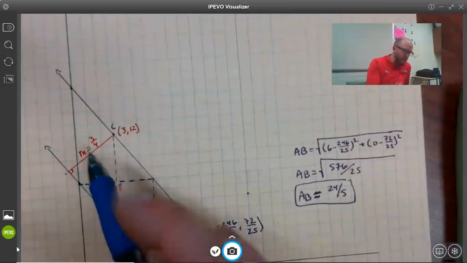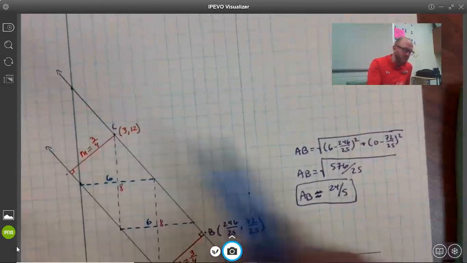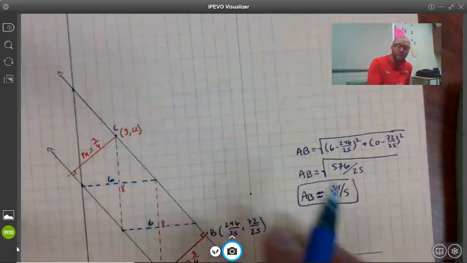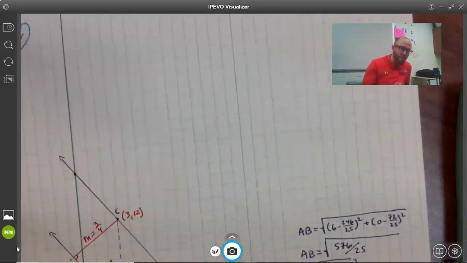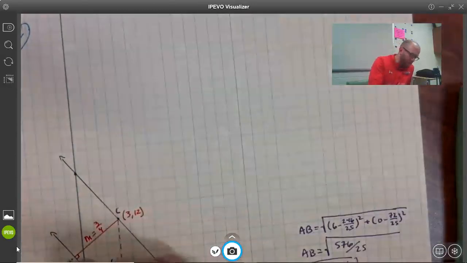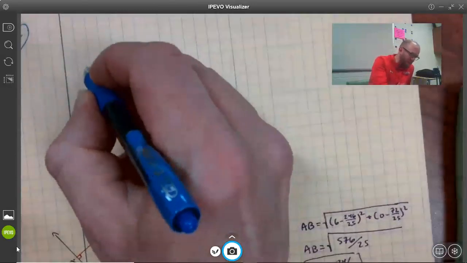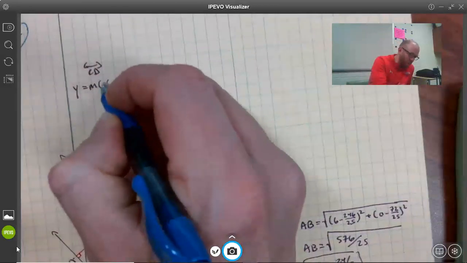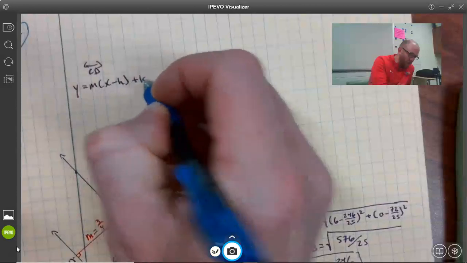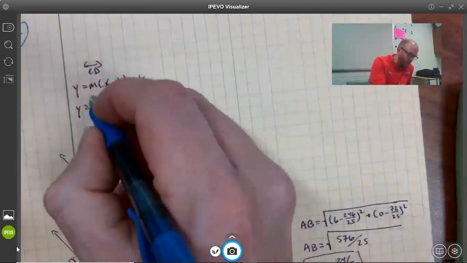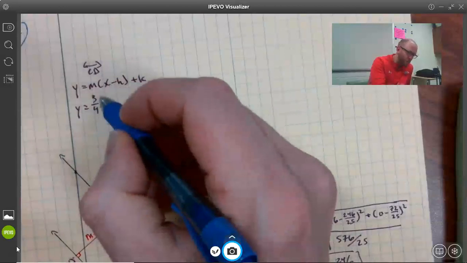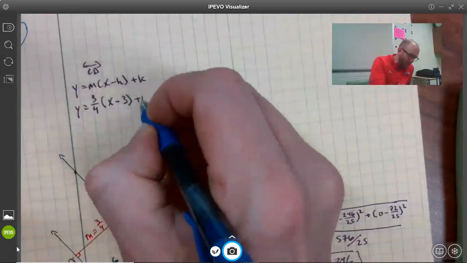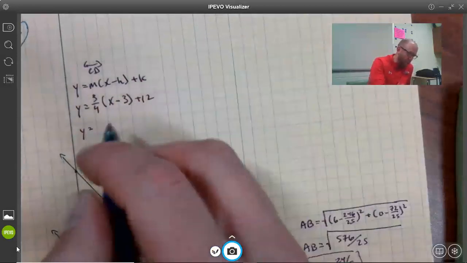So let's do that. Its slope is 3/4, just like the last one, because it's perpendicular to the same line, and it passes through the point (3, 12). So let's go up here. We'll call this CD. And we have y equals m(x minus h) plus k. Y equals 3/4 (x minus 3) plus 12.